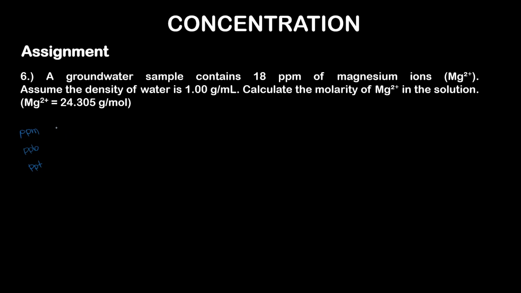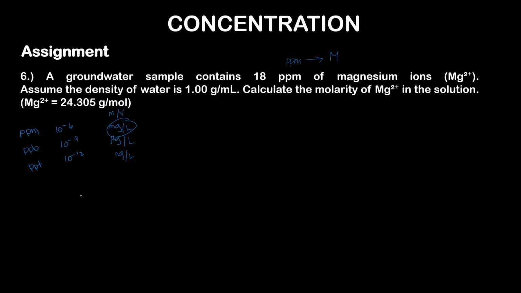This is 10 to the negative 6, 10 to the negative 9, 10 to the negative 12. And we know in M over V units, ppm can be expressed as milligram per liter. This one is microgram per liter, then nanogram per liter. So let's just focus on milligram per liter, since we are converting ppm to molarity.